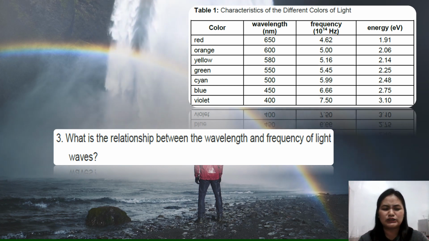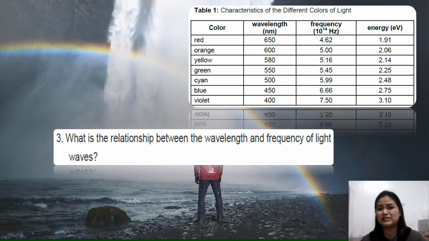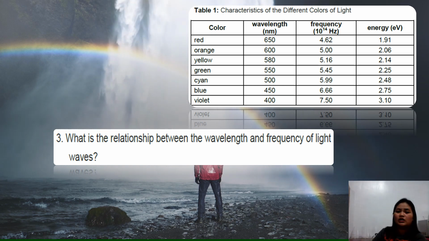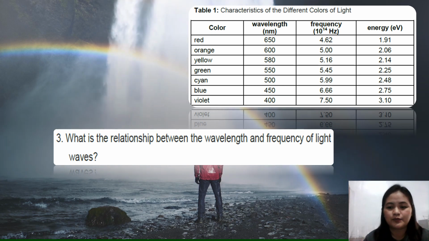Pili ka lang dyan. It could be inversely proportional or directly proportional. Those are the two types of relationship in science, in physics. Inversely proportional or directly proportional. Asan yan? Wavelength at frequency.